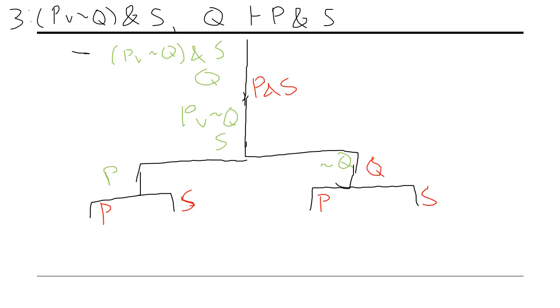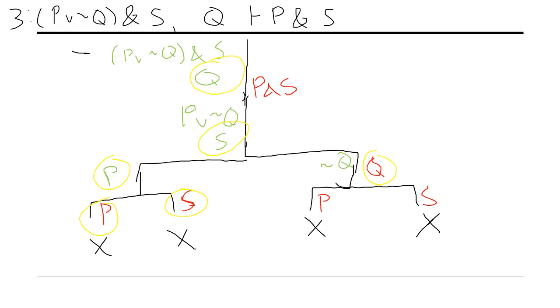Now we can go back through and we're just looking for contradictions. We have a not P and a P. So that tells us we have a contradiction there. We got a red P and a green P. Got a red S and a green S. Got a red Q and a green Q, and that's going to filter down into both of these, so they all close off.